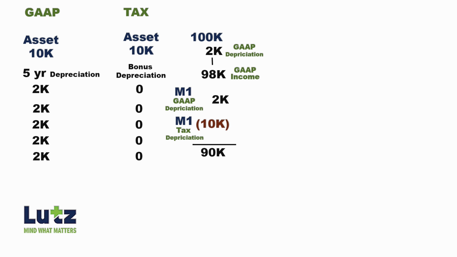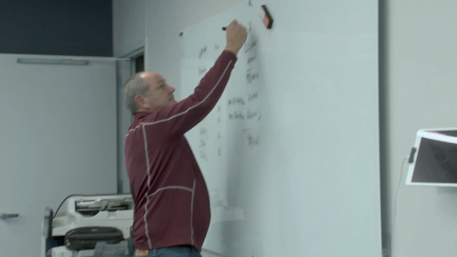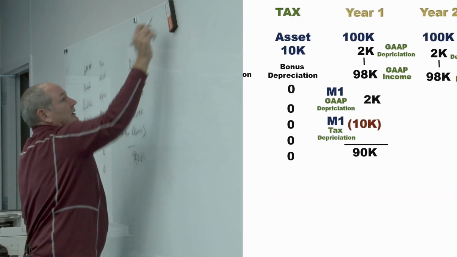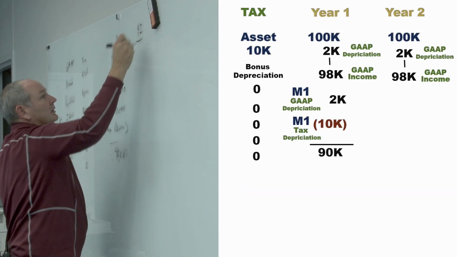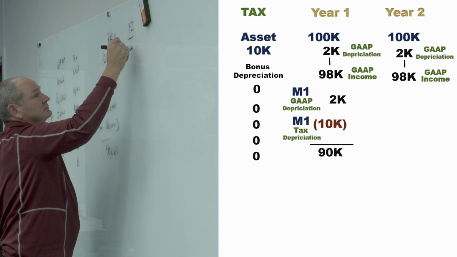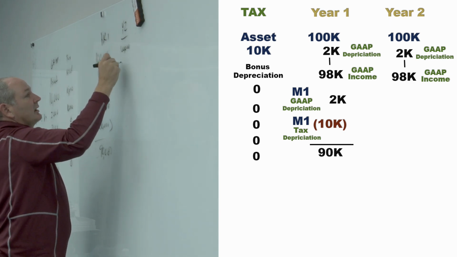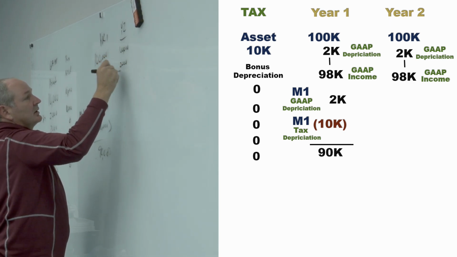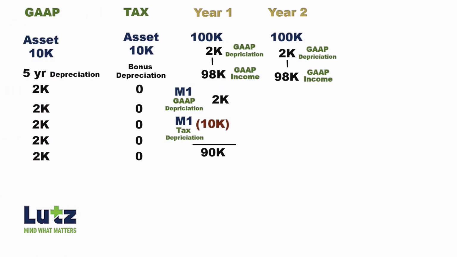But in year 2, this is year 1. Year 2, I have $100,000 of income, and I have $2,000 of depreciation, $98,000 of GAAP income. Chris, is that exactly the same as it was the year before? Yep. So now I have to follow the same procedure.